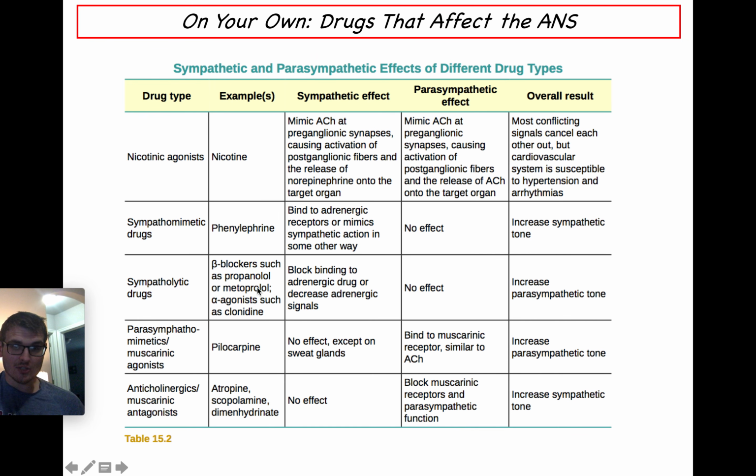Beta blockers like metoprolol we've talked about. Pilocarpine, atropine I mentioned. You might just want to look through those. I'm not going to ask about specific drugs necessarily, and I'm not going to expect you to have things memorized about them. Just use this as an exercise in getting more familiar with how the autonomic nervous system is set up, what neurotransmitters do what, and what receptors do what.